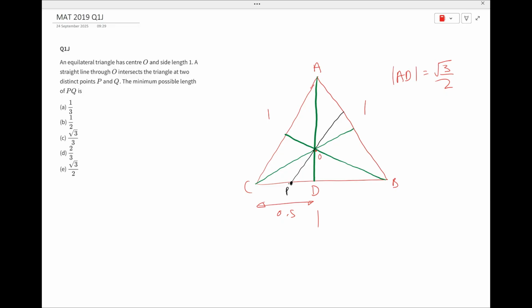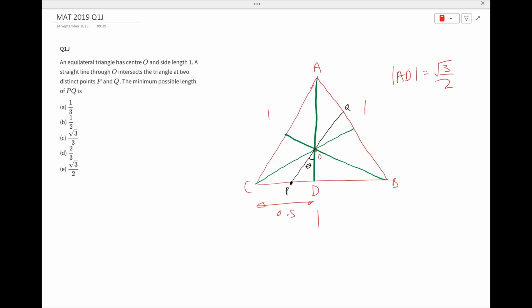The same goes for the other edges, because it's an equilateral triangle. So the length I'm looking for is P to O and then O to, say, Q. The variable really is this angle here, theta, because wherever we put P and Q, POQ has to be a straight line.